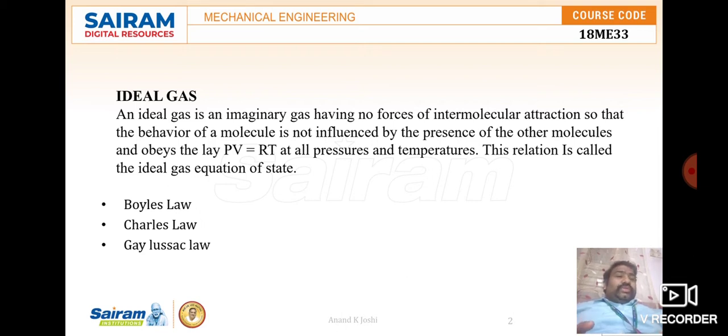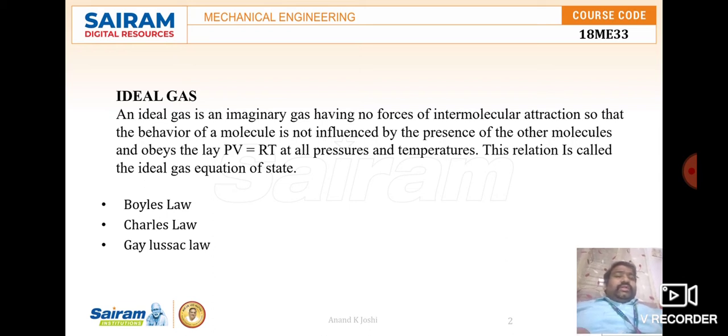And it obeys the law PV equals RT at all pressures and temperatures, where P, V and T are the pressure, volume and temperature, and R is the gas constant. We call this relation the ideal gas equation of state, and it obeys the gas laws like Boyle's law, Charles' law, Gay-Lussac's law, and Avogadro's law.